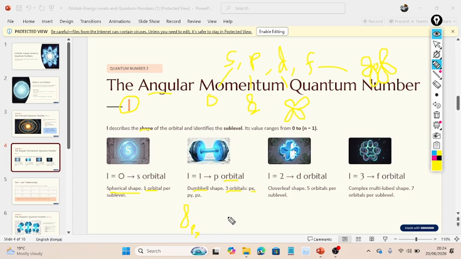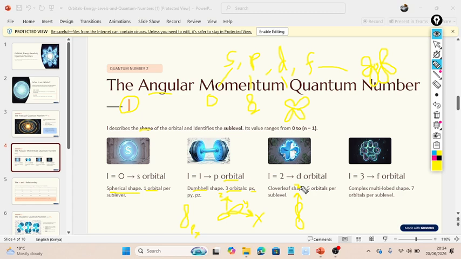A py orbital will align itself on the y-axis of the Cartesian plane, assuming this is our Cartesian plane: this is the x, this is the y, and this is the z. So a py will lie like this, and then we have a pz orbital which will lie on the z-axis, like this.